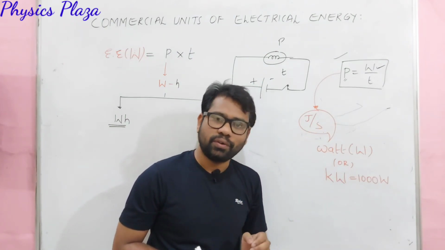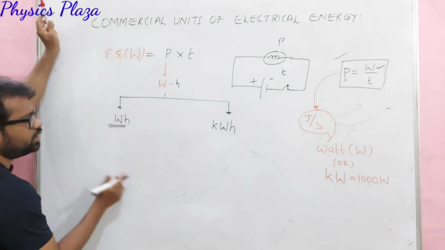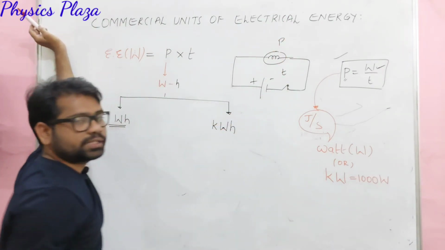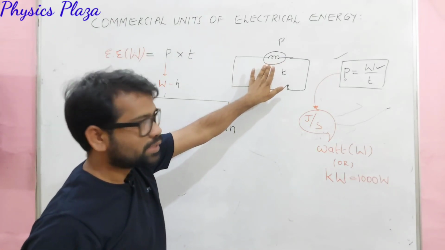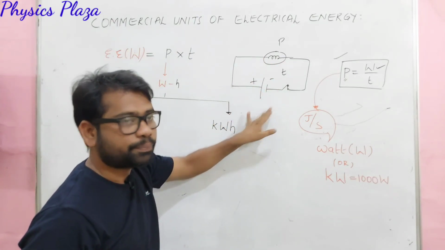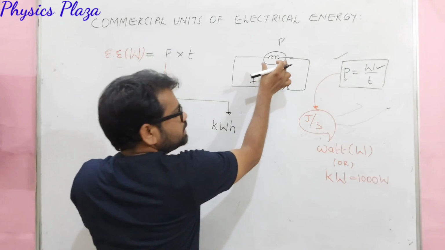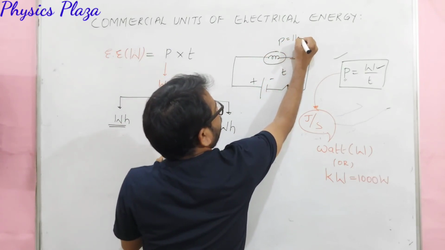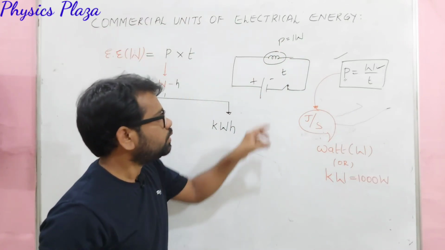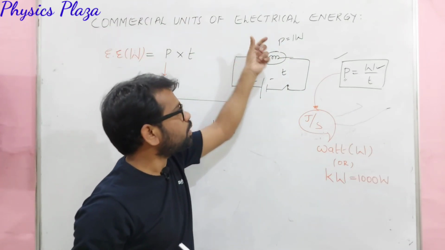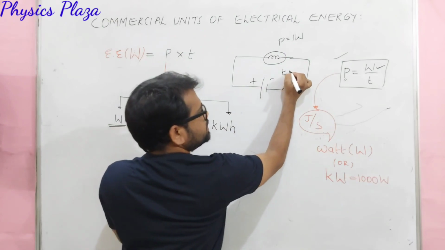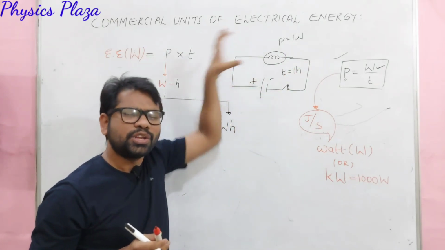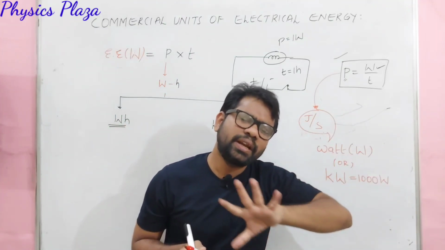Very important. Okay, children, let us take a bulb connected to a battery. For example, this is an electric appliance of power 1 watt. It might be a refrigerator, anything you can take.